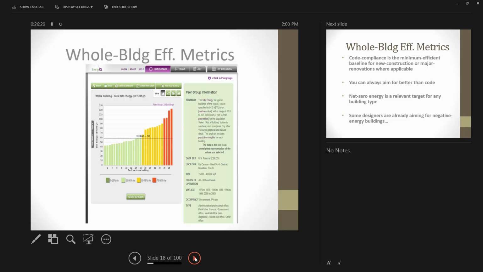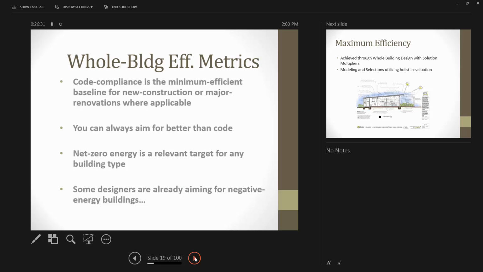So, just a couple whole building efficiency metrics. When we're talking about new and existing buildings, for existing buildings, bringing them up to code compliance is usually at least a minimum target when you're talking about weatherization and energy improvements.